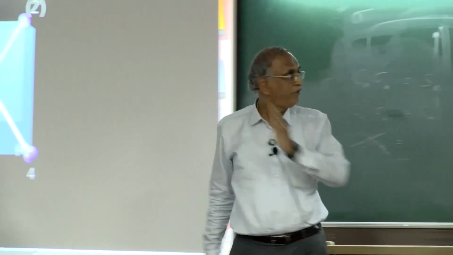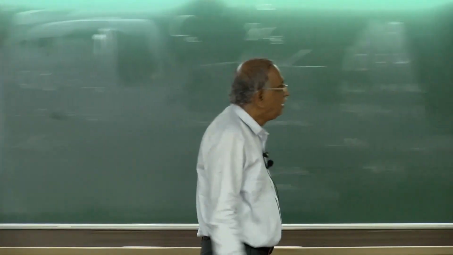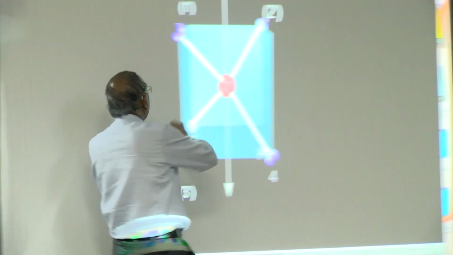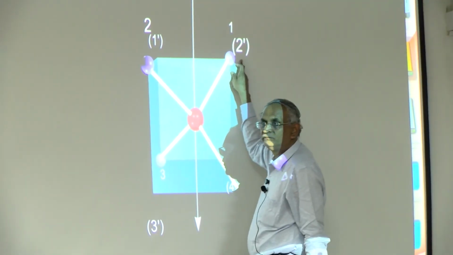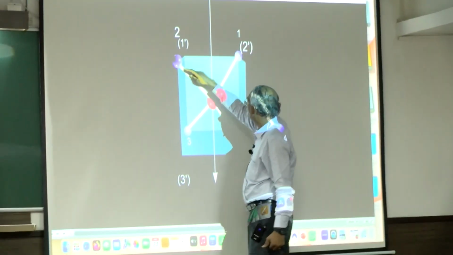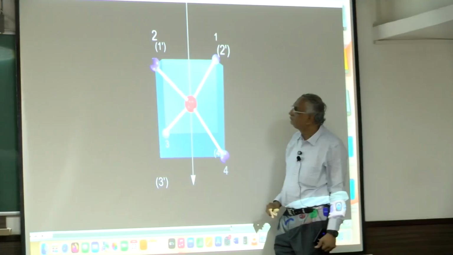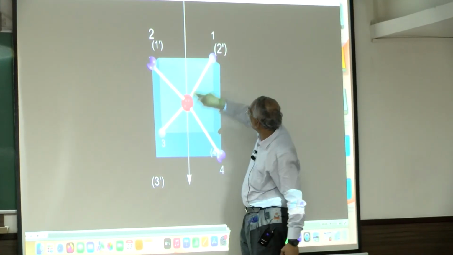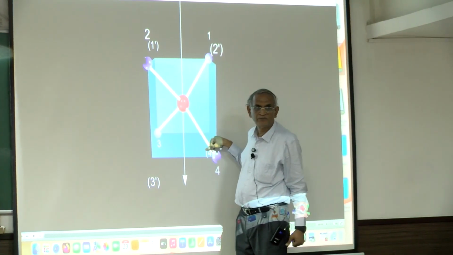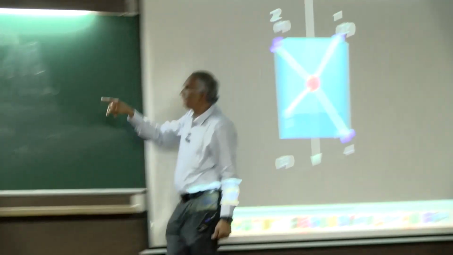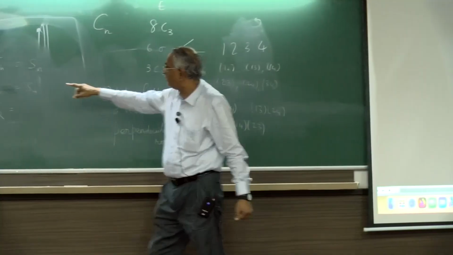Because the plane that contains any of the two bonds will obviously reflect, see, this diagonal plane will reflect these two atoms. This diagonal plane will reflect these two atoms. If you have a plane through this, that will reflect these two atoms. So those sigmas are already there.